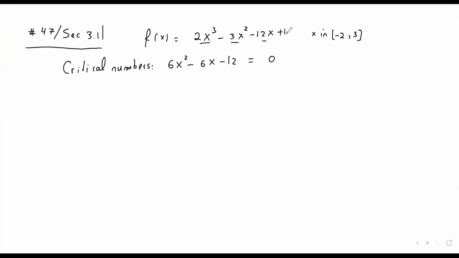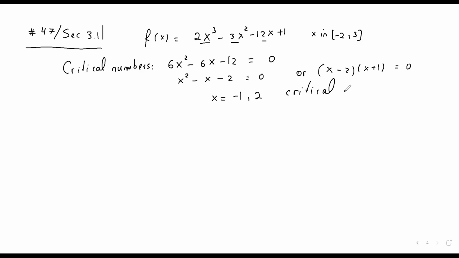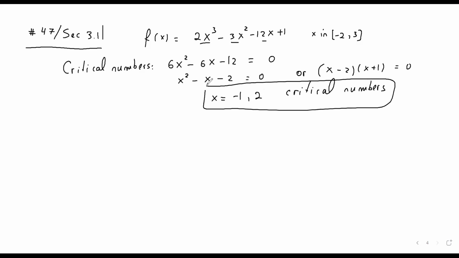Set it equal to 0, factor out 6, or divide the entire thing by 6 to get the equation x squared minus x minus 2 equals 0, or this is x minus 2 times x plus 1 equals 0, which gives us the solutions x equals 2 and x equals -1. These are critical numbers. And as we said in the previous situation, what we want to do here is make a table of values.